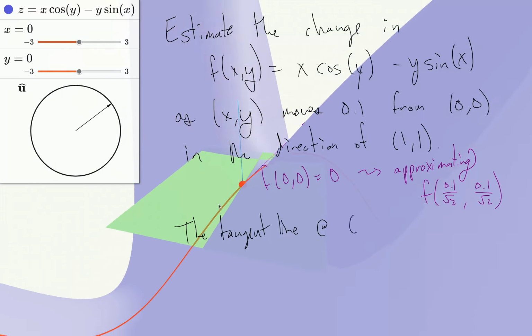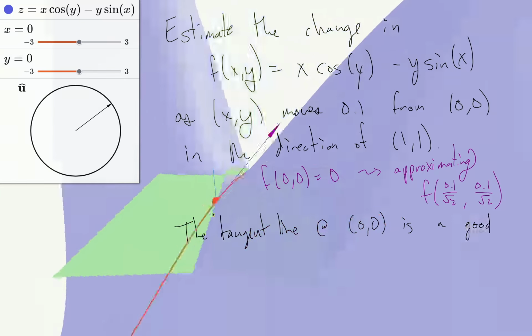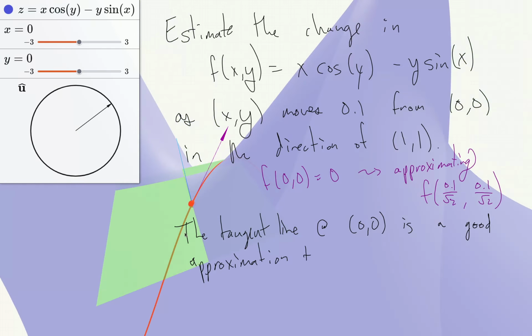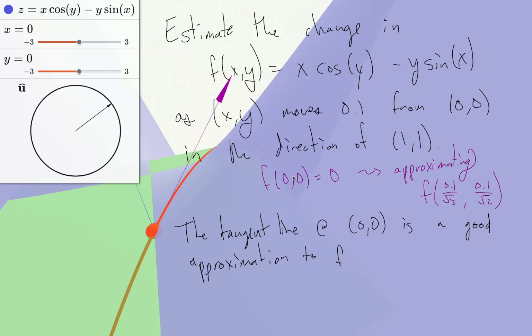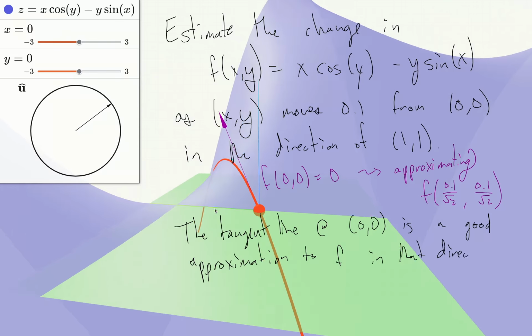Okay, so how we'll approach this is the tangent line at (0, 0) is a good approximation to f for small distances. So in that direction.